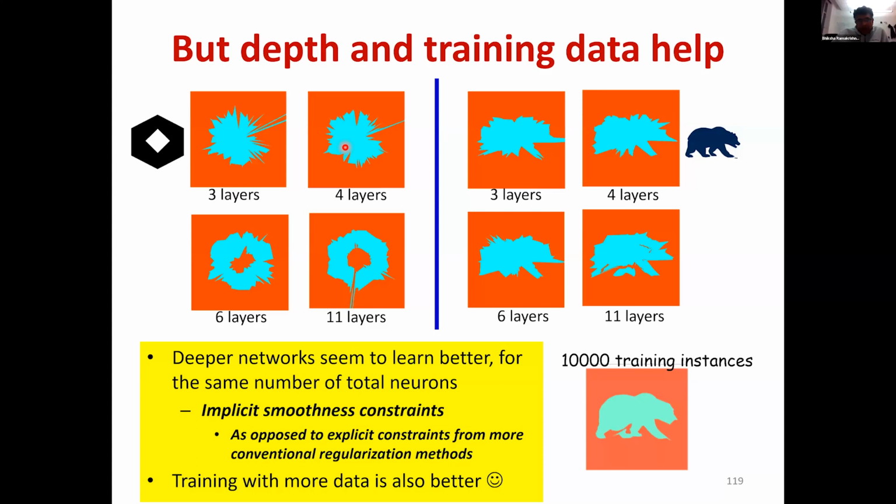If I arrange it as 4 layers of 115 neurons, it gets this decision boundary. If it's 6 layers of 110 neurons, it begins to look like a bolt. By the time I get to 11 layers of 60 neurons each, it actually looks like the bolt that I was trying to capture. So just rearranging the same parameters in depth versus breadth gives me the kind of regularization that gives me smoother decision boundaries.